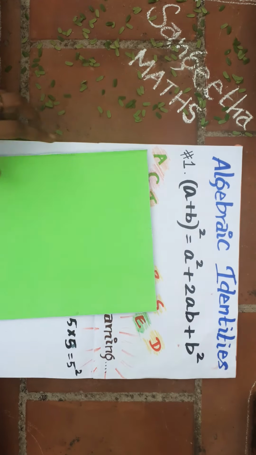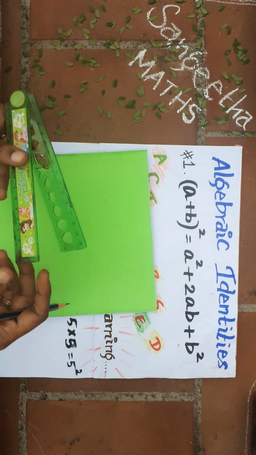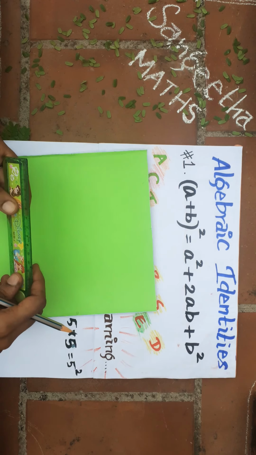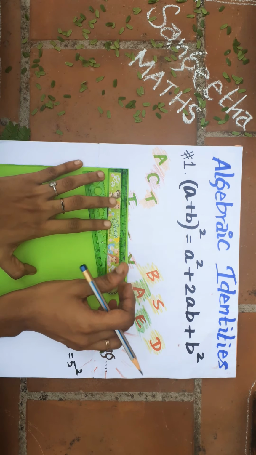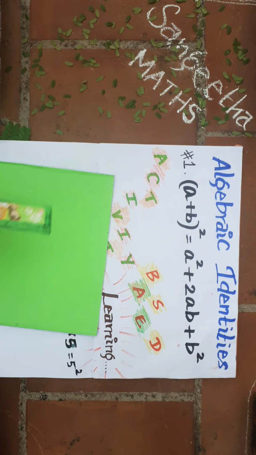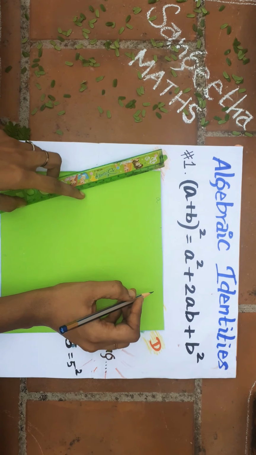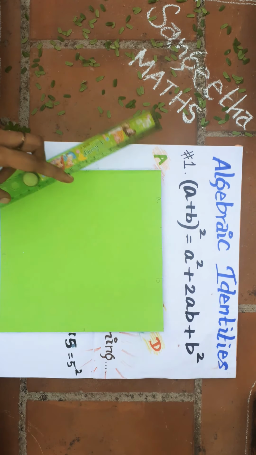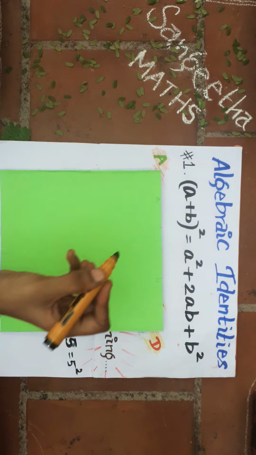Since I'm a big fan of Dhoni, I'm going to take a to be 7. So this is my a, and this is the left part, another one, my b. I just do it with the color pen.